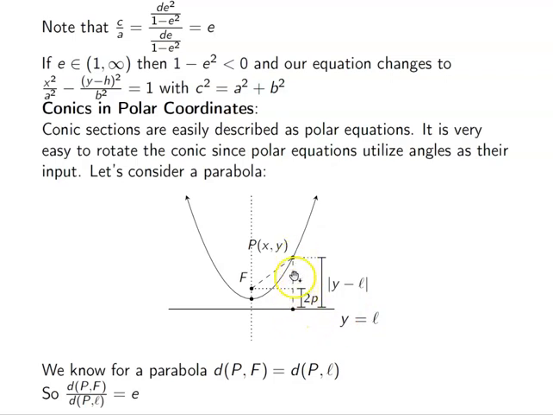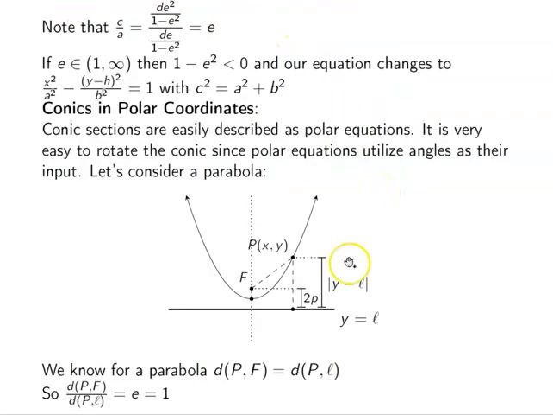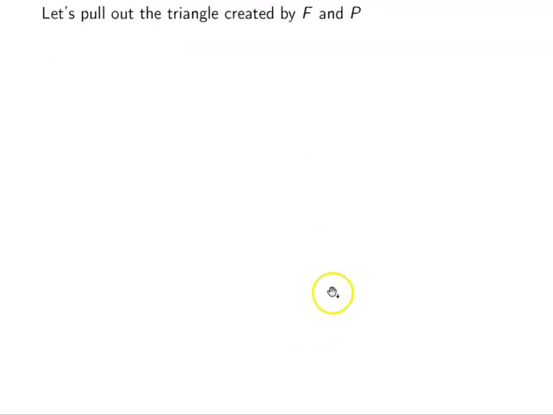So we have 2p, and then 2p plus r sine theta is this y minus L, right? So note that we're calling the distance from P to F r, our radius, okay? And the distance from P to L is this r sine theta plus the 2p more, okay? Our 2p plus this r sine theta.